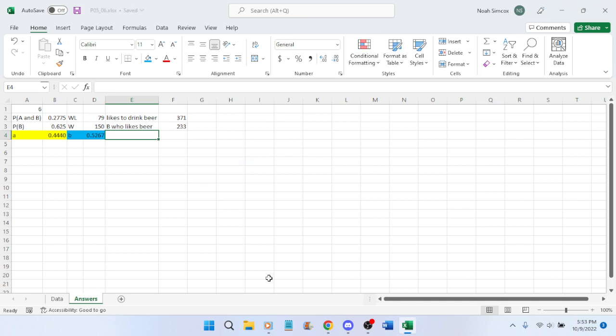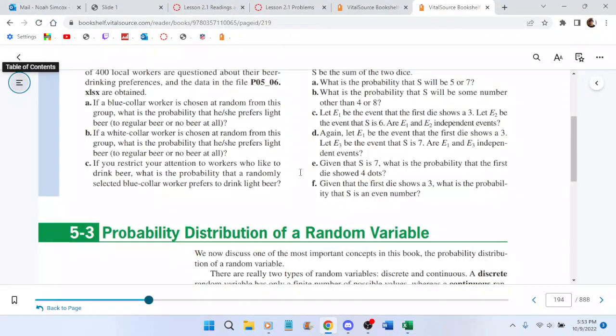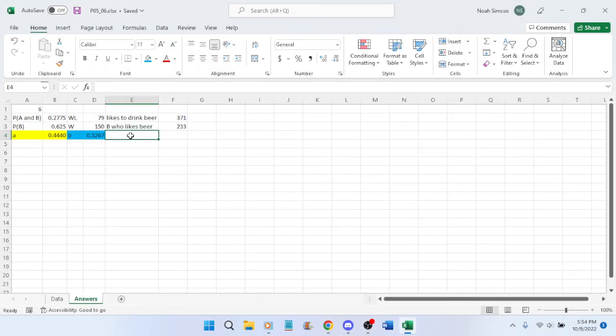And then blue collar workers who prefer light beer. Wait. Because the total number of B originally was a bigger number.